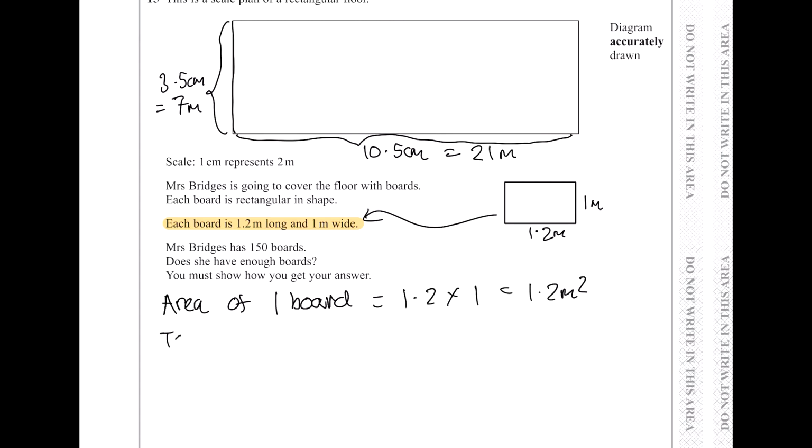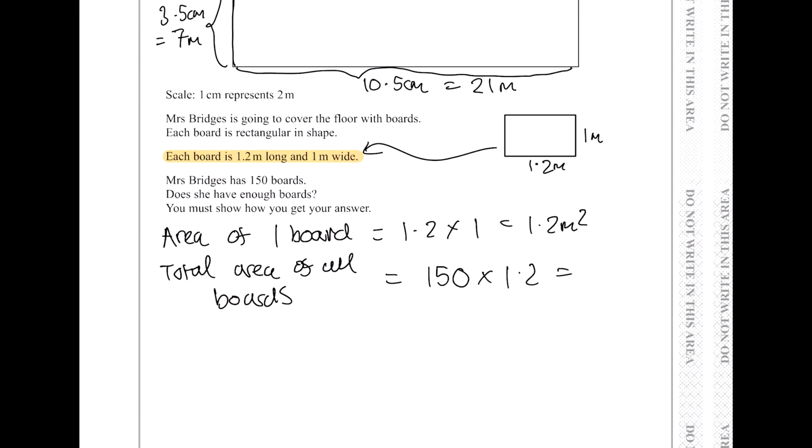So then what we could say is the total area of all boards would be equal to, well, we have 150 of them. So it would be 150 times 1.2, which would be, well, 1 times 150 is 150, and then 0.2, which is a fifth of it, is 30.